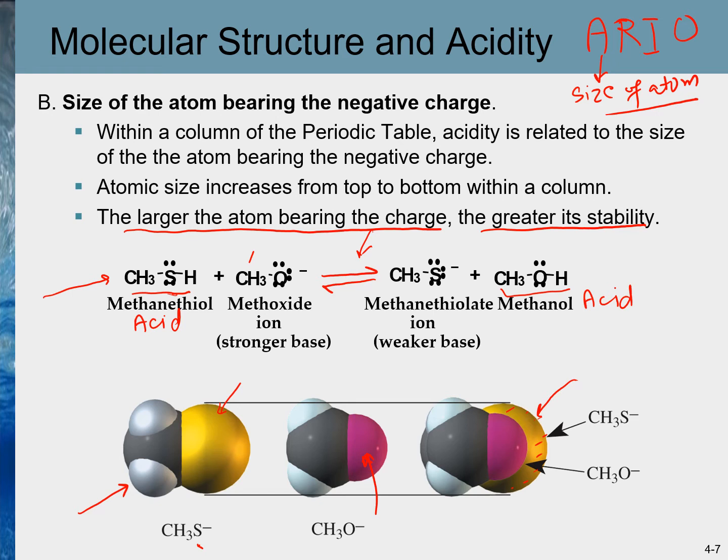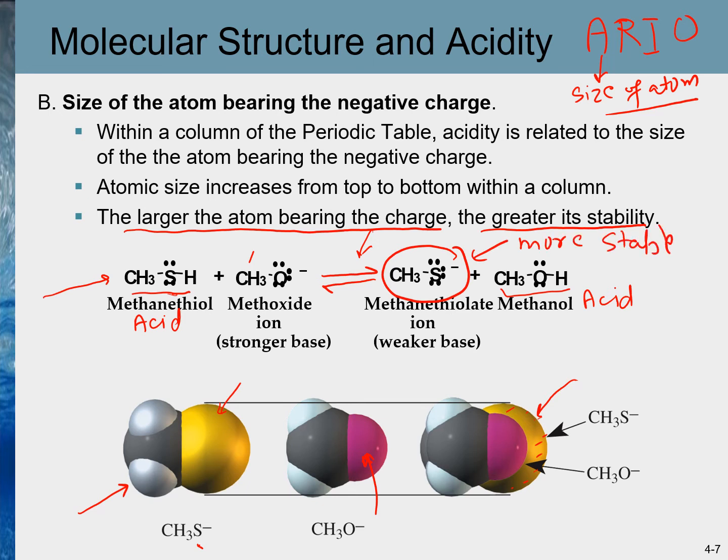If it's delocalized or dispersed better, it makes the atom which is holding the charge more stable. So therefore the species with negative charge on the larger atom is more stable. In other words, this one is more stable.